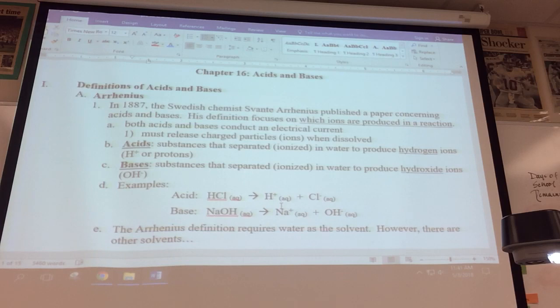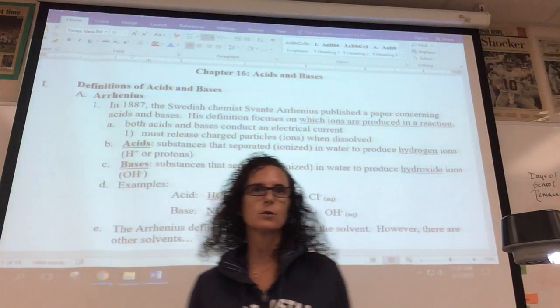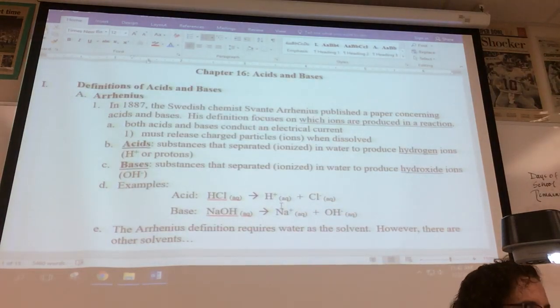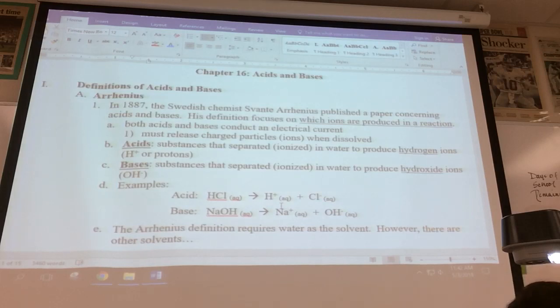And with the Arrhenius definition in 1887, a Swedish chemist, Arrhenius, talked about acids and bases, and his definition of acids and bases is going to focus on which ions are generated. In addition, the solvent will be water. So with the Arrhenius definition, you're going to focus on which ions are generated, and the solvent must be water.